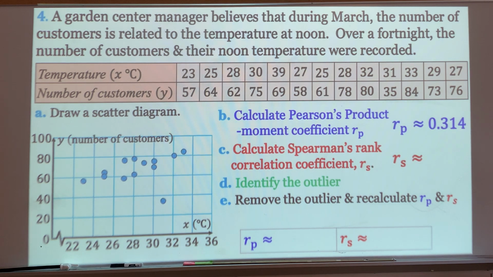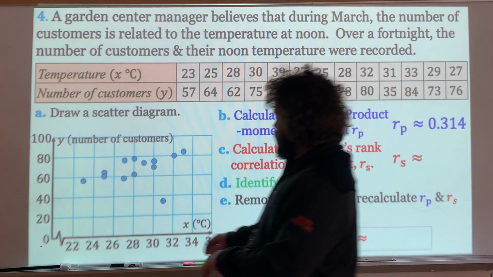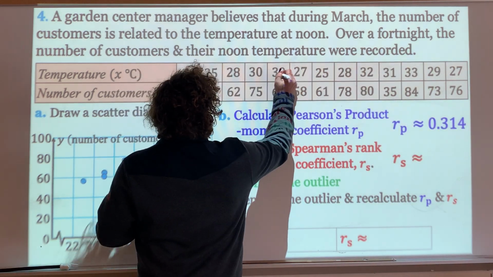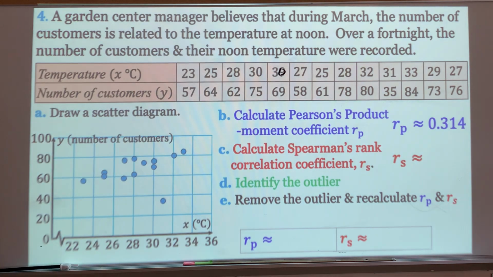Number 4: 28, 30, 30. Aha! Should be a 30. And I bet that fixes everything. In your packet, it will be listed as a 30, because I am going to change this right now.